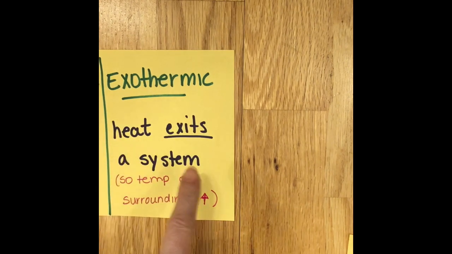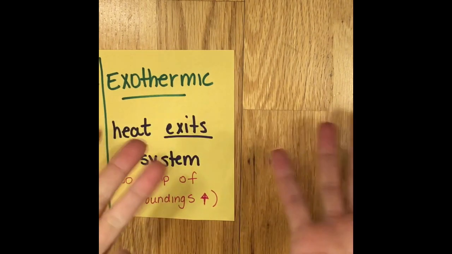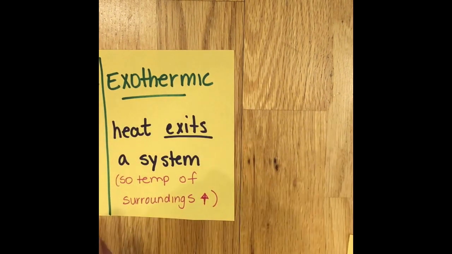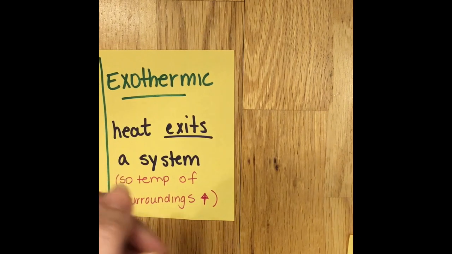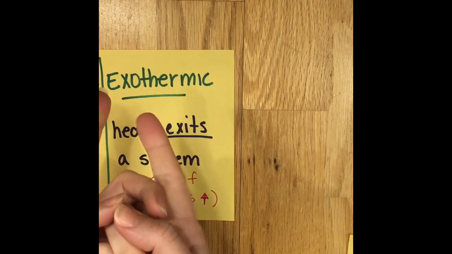Exothermic is heat exits the system. Well, if heat is exiting the system, then what's happening to the surroundings? The heat's leaving the system, going to the surroundings, so the surroundings temperature is obviously going to go up. So another way of defining exothermic is just asking what happens to the surroundings. If the surroundings temperature went up, that's exothermic.